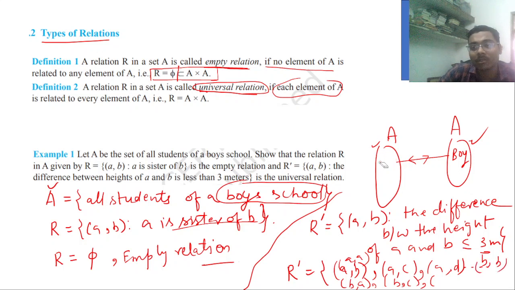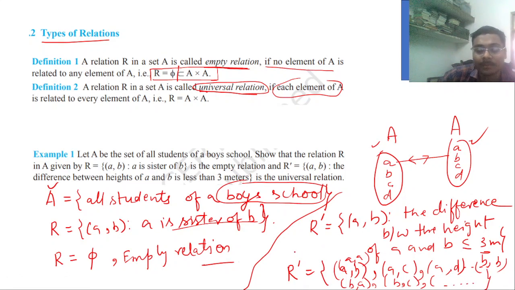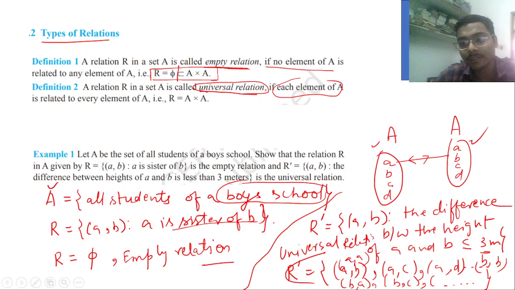I'm considering all the students as A student, B student, C student, D student. All these students are actually elements for us. So R dash is a universal relation, because R dash has all the students related to each other.